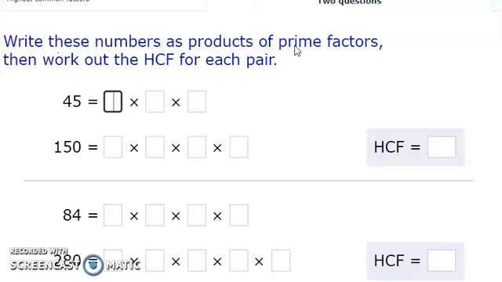Write these numbers as a product of prime factors, then work out the HCF of each pair. So you have to write the product first for 45 and then 150, and then sort out the common factors, and from there the highest one will be the highest common factor.